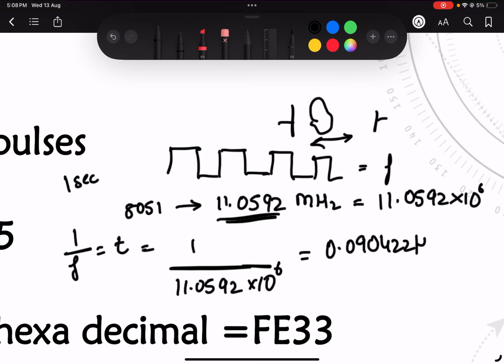One crystal cycle, that is one time the crystal moves, takes this much time.